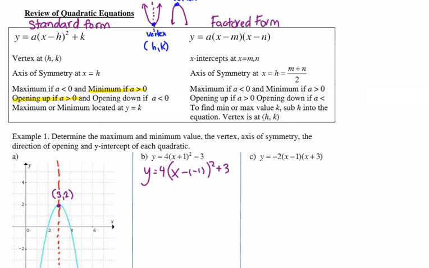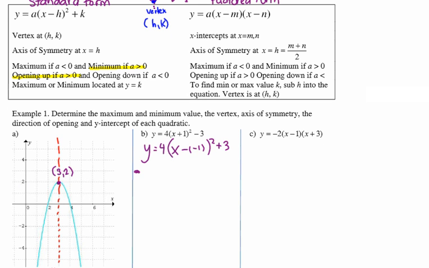So our vertex is where? What would be the vertex if it's h comma k? Negative 1, comma, oops, this is a minus 3. Negative 3. So that would be my vertex. Now, is this graph going to open up or down?